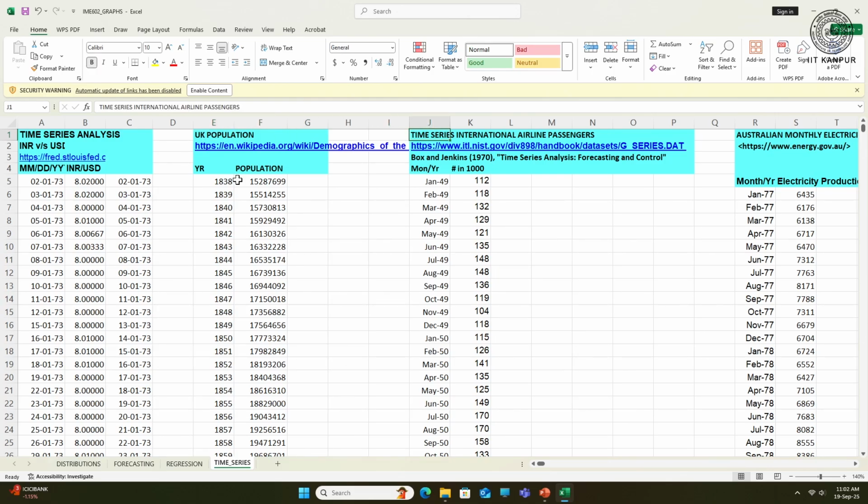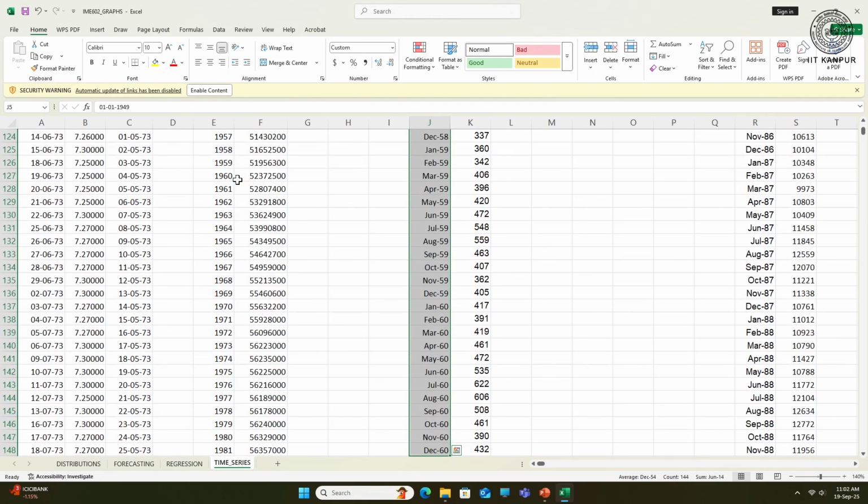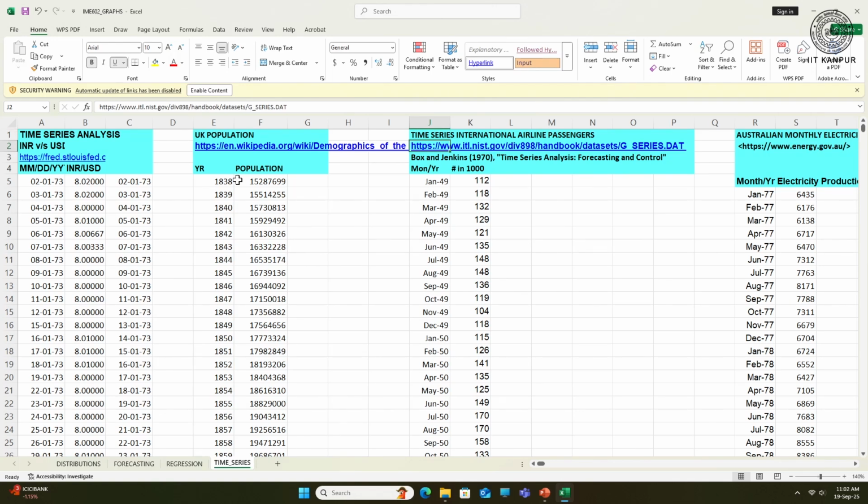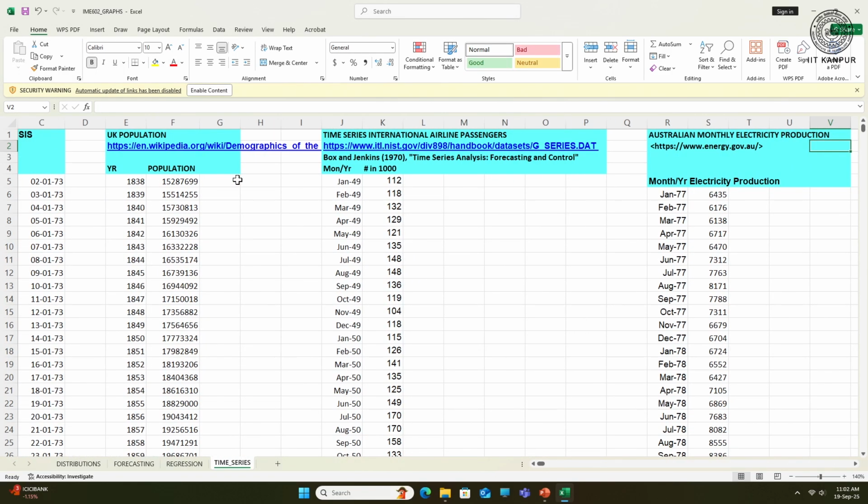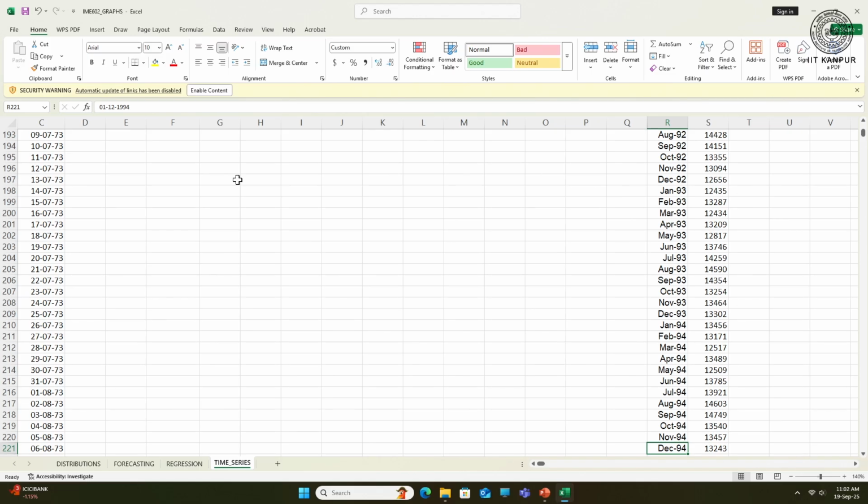The third one is the time series of international airline passengers, starting from January 1949 per month till December 1960. It is available on this US government site. The next one is Australian monthly electricity production from January 1977 till December 1994.